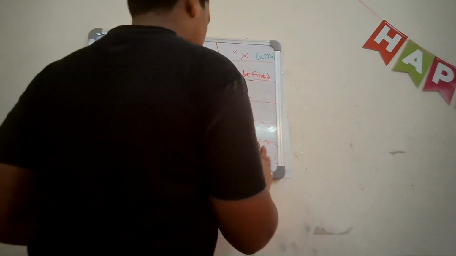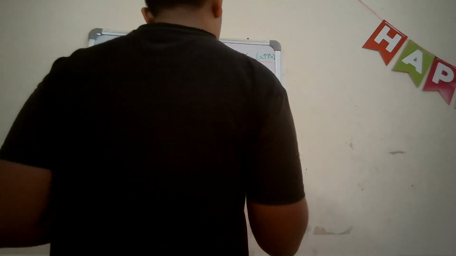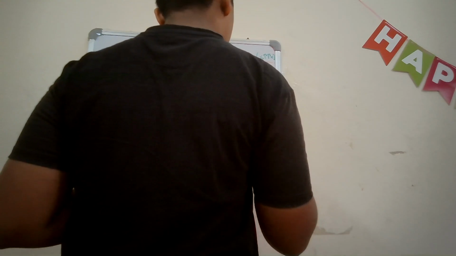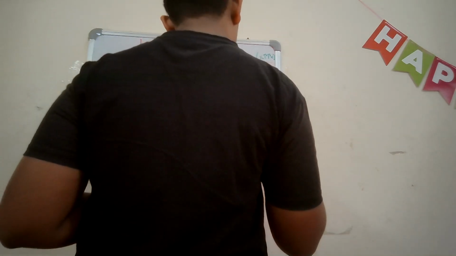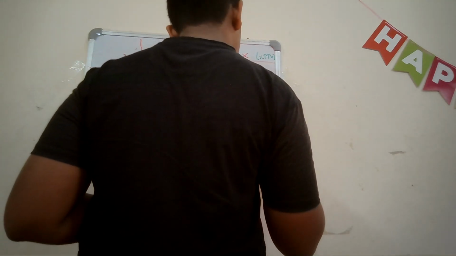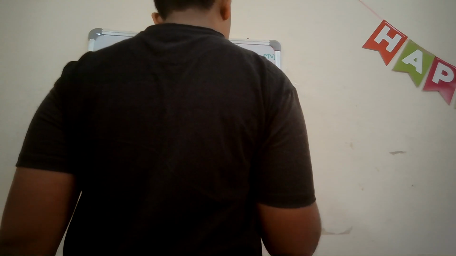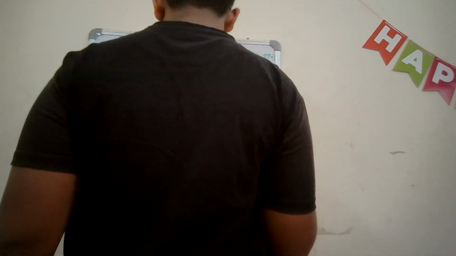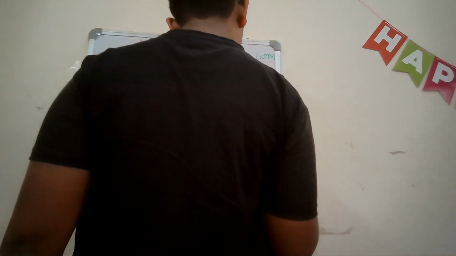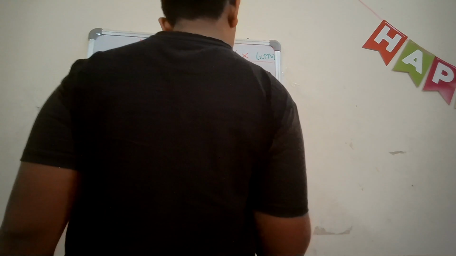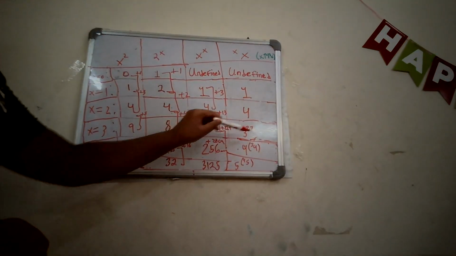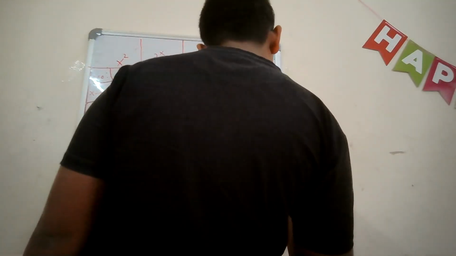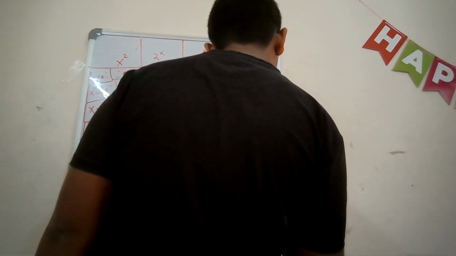I should probably make some space. Okay, so 4 to the power of 4 tetrated 3, and here it would be 5 to the power of 5 tetrated 4, because this will just be 5 to the 5, 1, 2, 3, 4, 5.